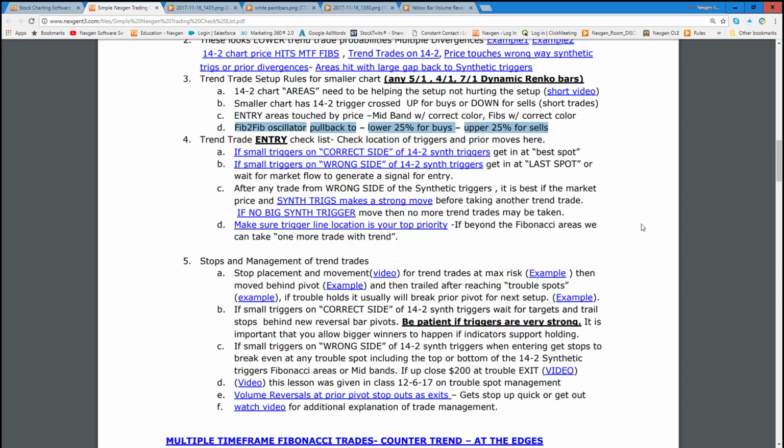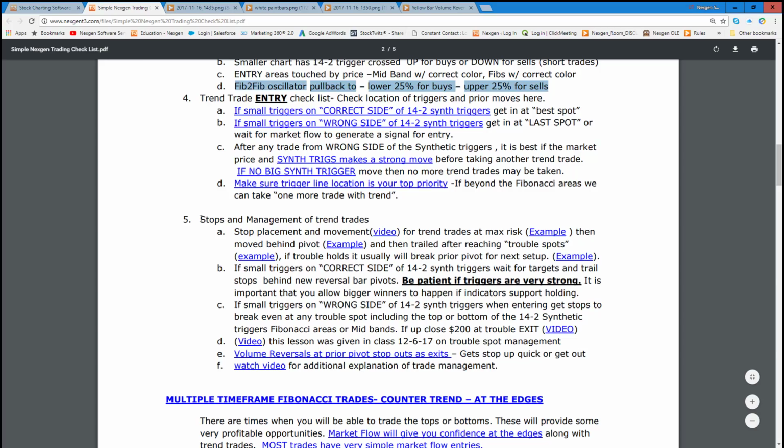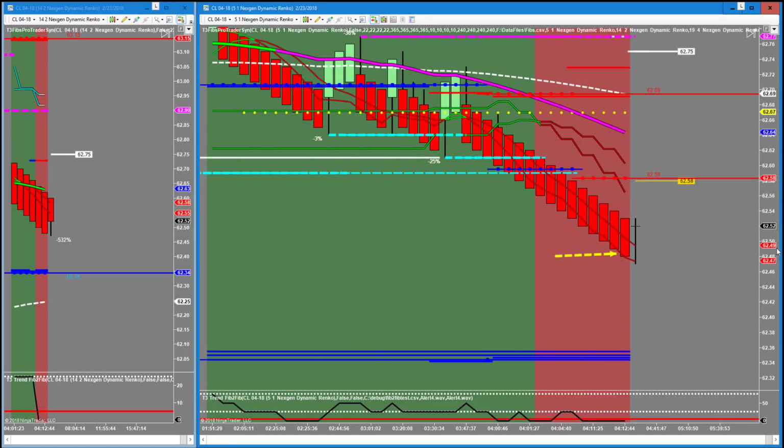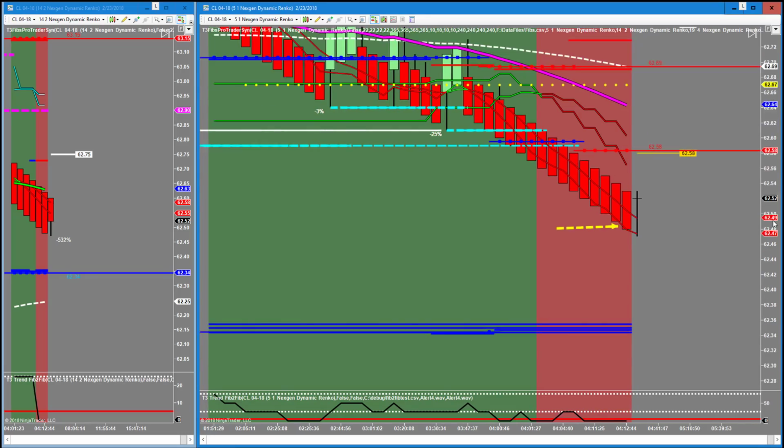Once you work through understanding the rules and when and where to get in and out, then we'll start working on management. And the management of trades, once you read your fibs and triggers and divergences correctly, will become pretty easy. If the market looks like this, for example, this is a high probability look that Fibonacci resistance is going to hold.